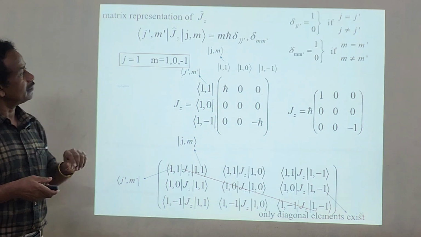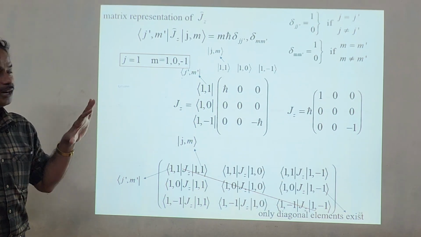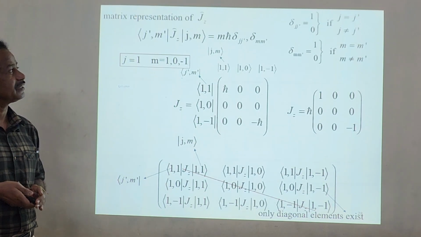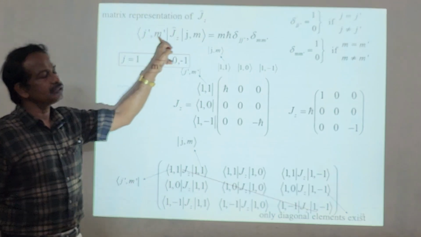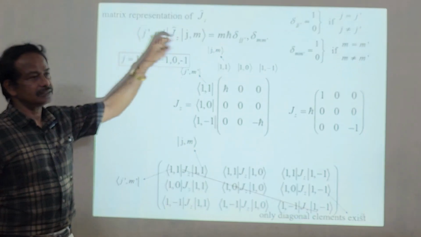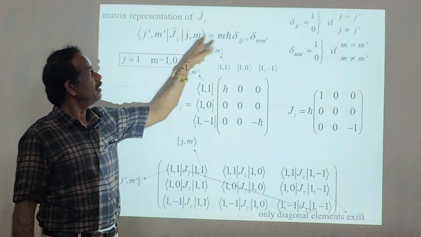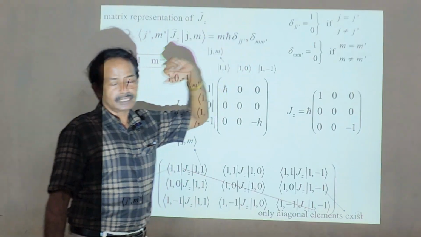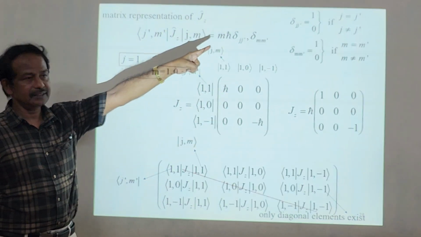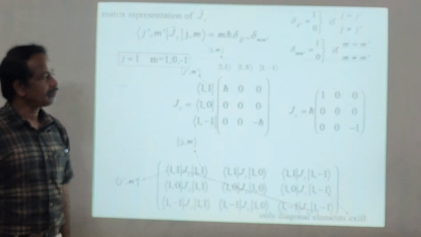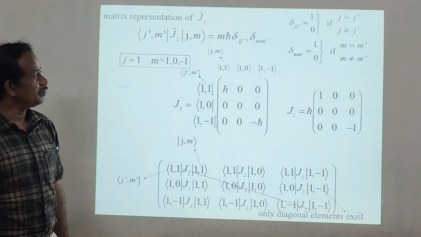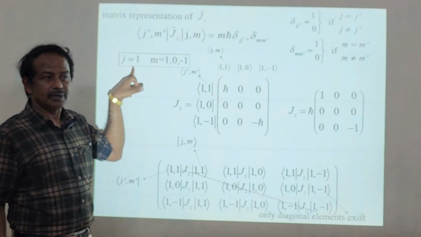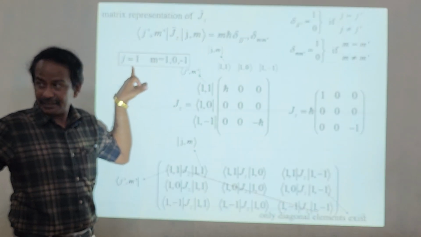Now we are going to have the complete representation of the matrix element. Of course, we know the eigenvalue equation, and the matrix element is given by this. We have to use the Kronecker delta function as given in the slide. As we said, for j equals 1 we are going to have a 3 by 3 matrix.